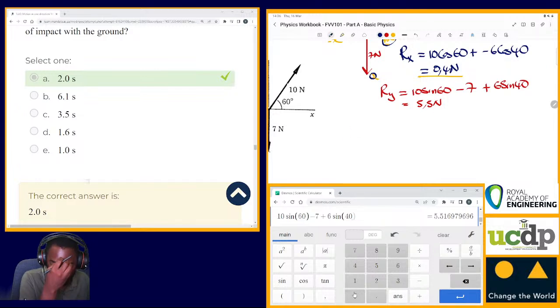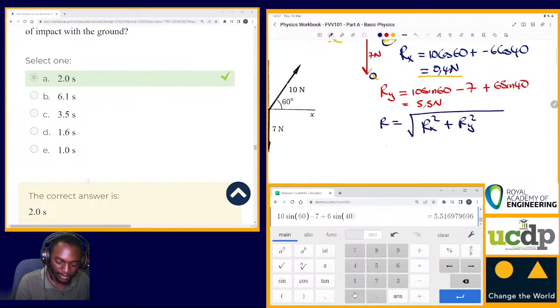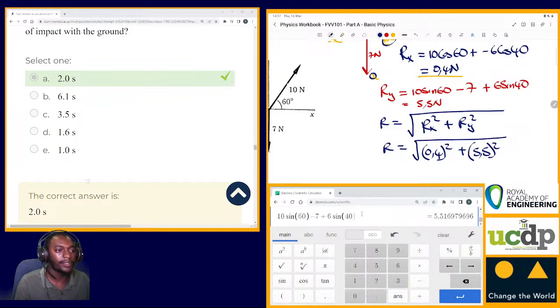Oh, we can find the magnitude, right? The magnitude r is going to be equal to the square root of rx squared plus ry squared. So r is going to be equal to the square root of 0.4 squared plus 5.5 squared.